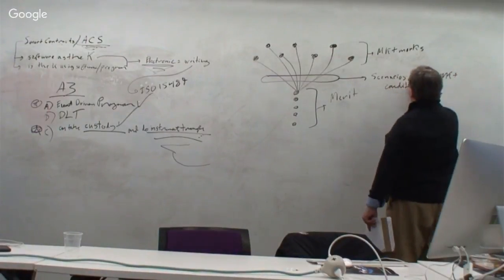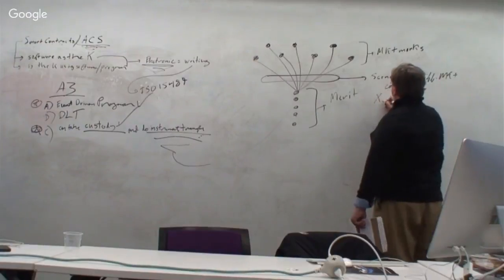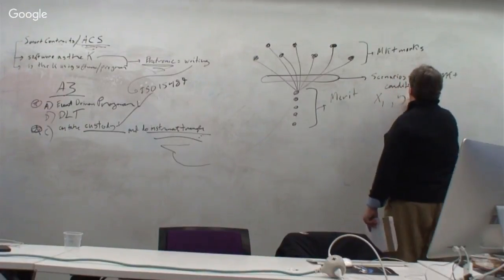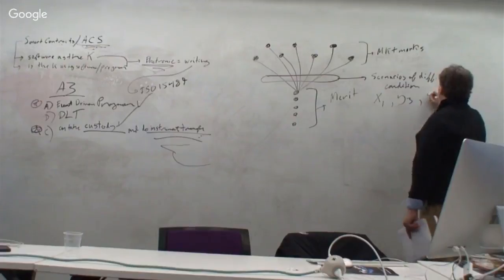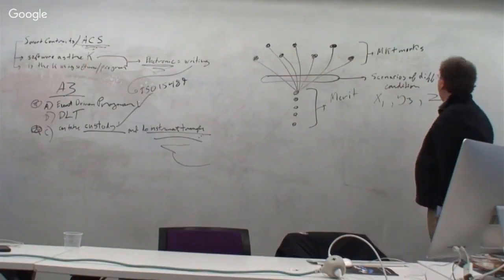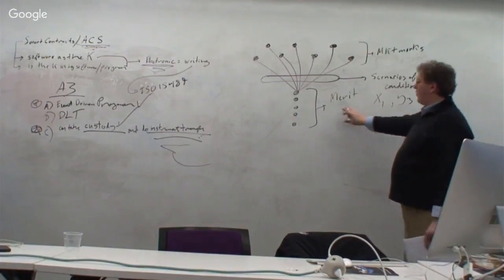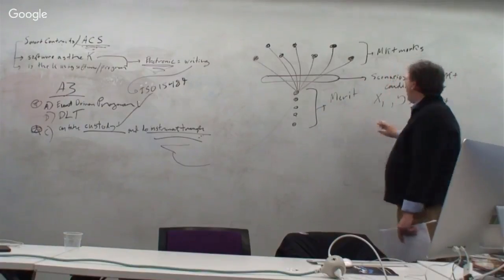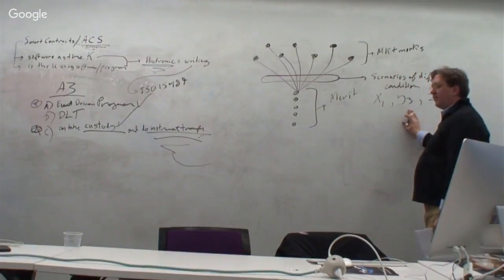So one of those scenarios might be X1. One of the scenarios might be Y3. One of them might be Z4. You name it. And the merit order algorithm is basically going to be taught to calculate how these scenarios come together.